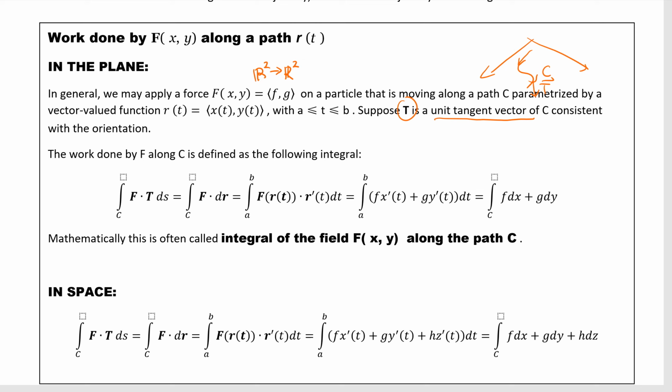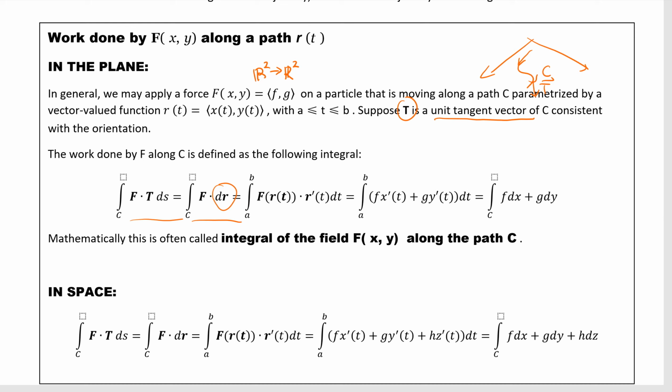Then the work done by F along C is defined as the following integral. We have F dot product with T, the unit tangent vector, and this equals F dot the derivative of the displacement.